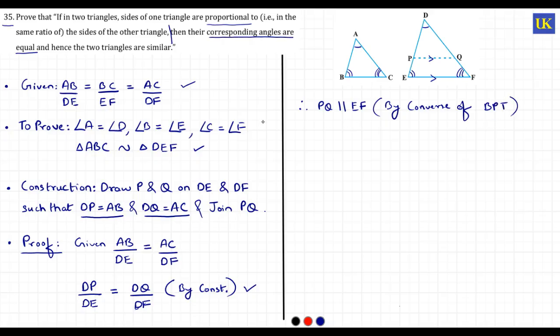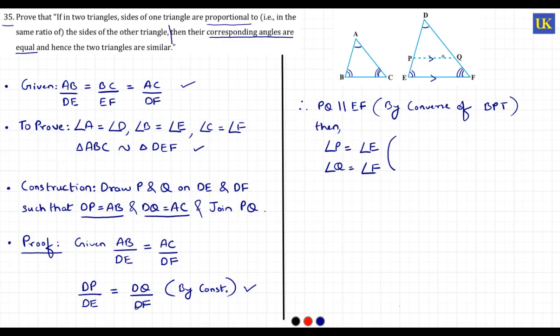Now next further what we can do is, I can also say that angle P is equal to angle E, and I can also say that angle Q is equal to angle F. Now how can I say this particular thing? See here, if these two lines are parallel, then PE and QF will act like a transversal.